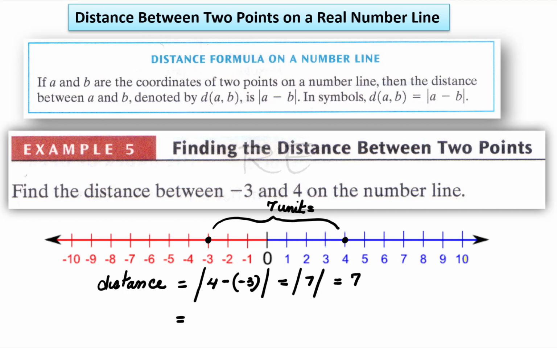Notice that if we start with -3 and we say it's the absolute value of -3 minus 4, we will get the absolute value of -7, which is minus -7, which is 7. The same answer.